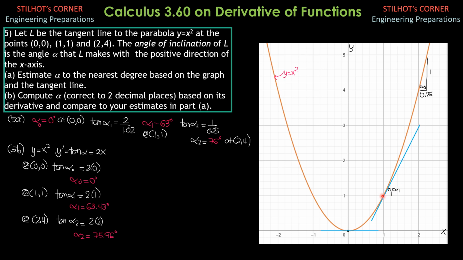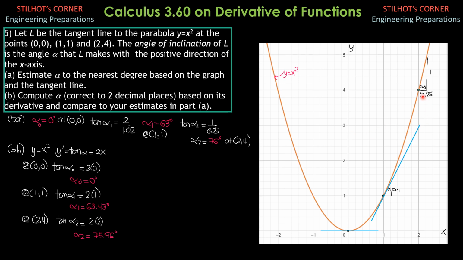Then this is 1 unit, so 2.02 minus 1 is 1.02. So the rise is 2, the run is 1.02. So tangent of alpha 1 is 2 over 1.02. So alpha 1 to the nearest degree is 63 degrees at the point (1, 1).